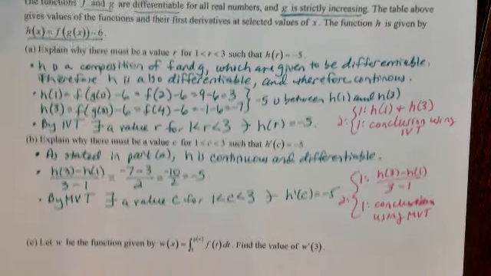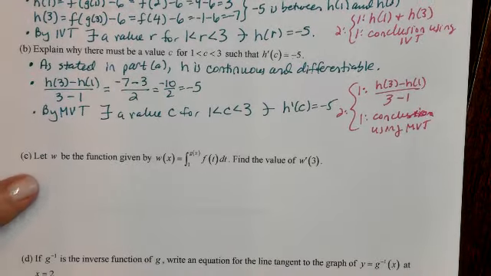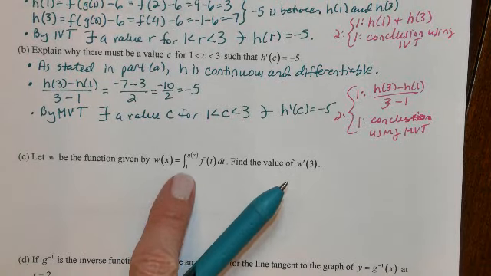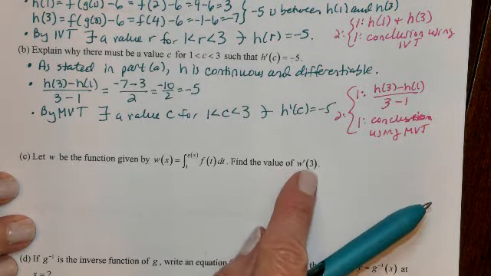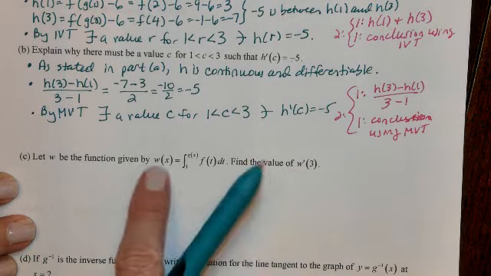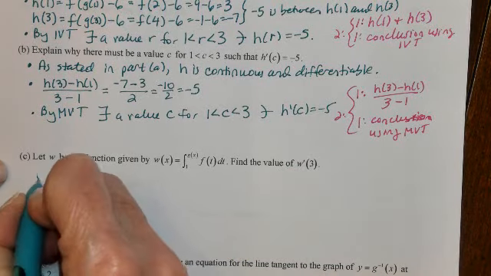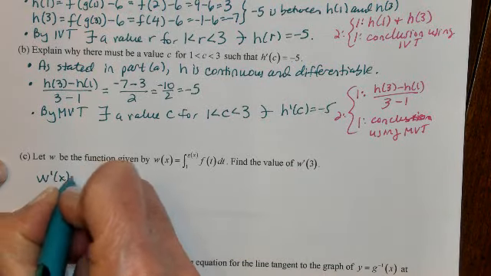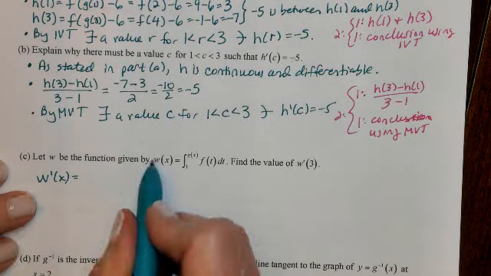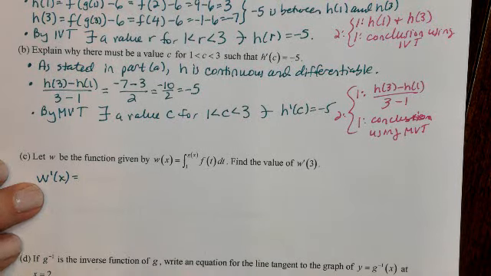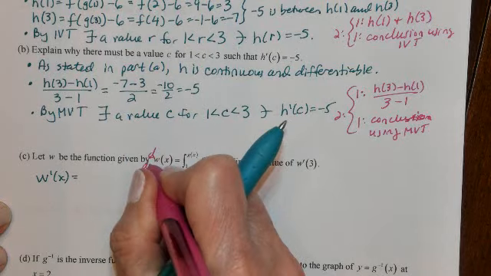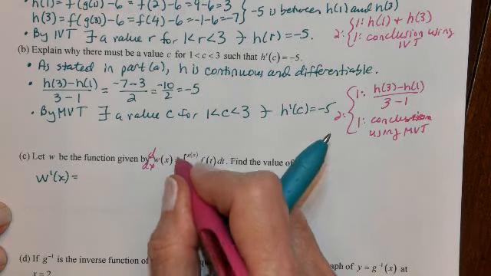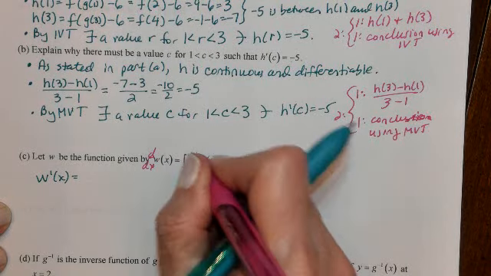Okay. Next up, let W be the function given by this integral. Find the value of W prime at 3. Okay, well first we need to find W prime of x. To find W prime of x, we're taking the derivative of both sides, right? With respect to x, because that's our variable here.